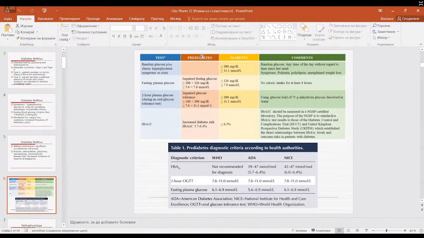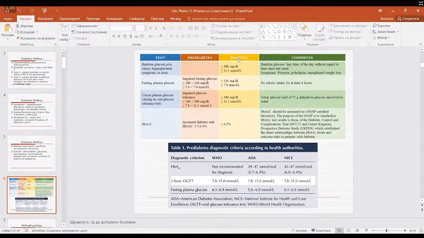So there is something called pre-diabetes, when the levels of blood glucose are not enough to make the diagnosis of diabetes. And this is so when the fasting plasma glucose level is between 100 and 126 milligrams per deciliter. And this is equal to 5.6 to 7 millimoles per liter in terms of millimoles.